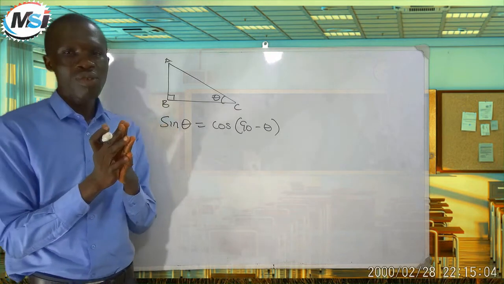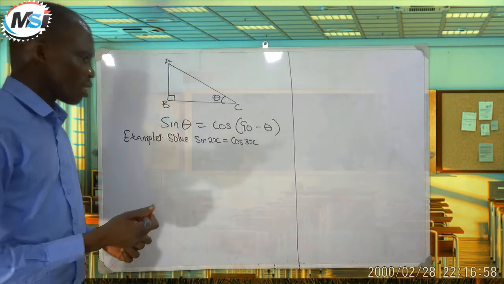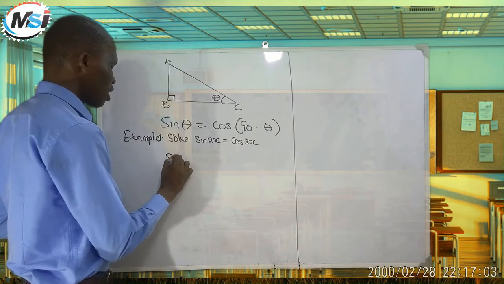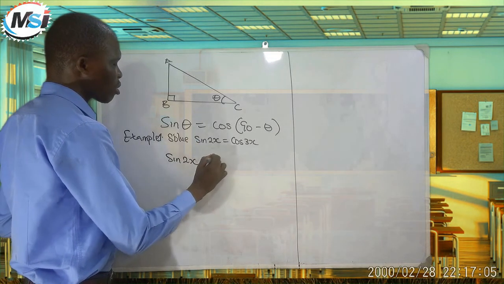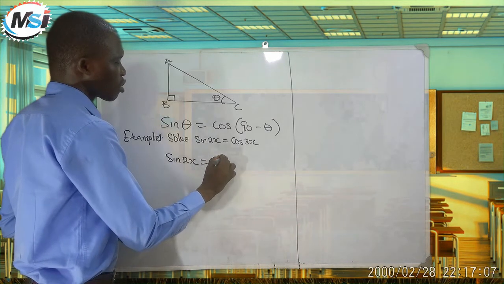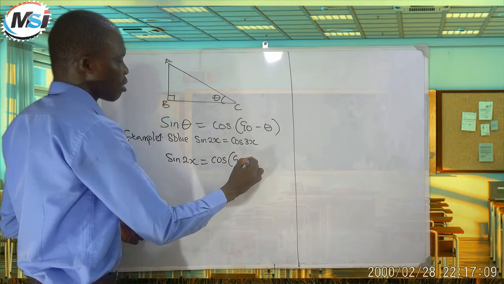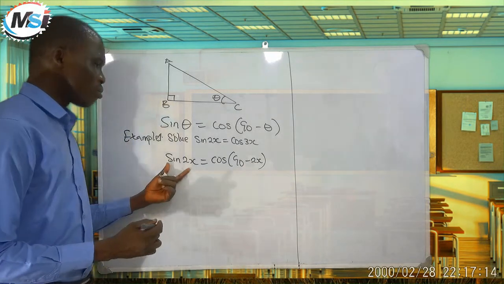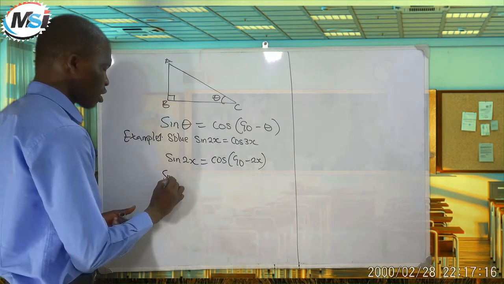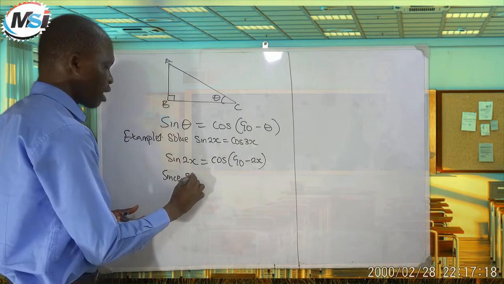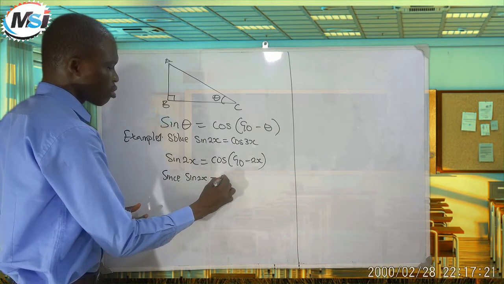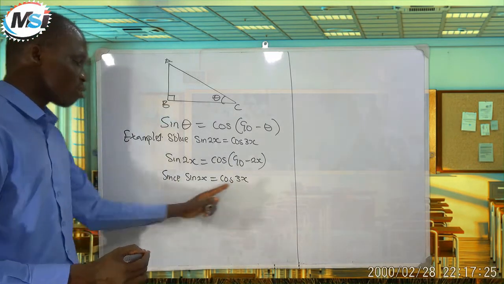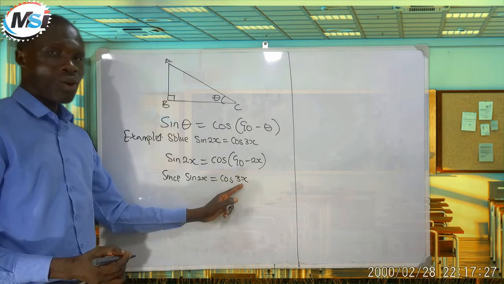Now I'm going to give you a question. Okay class, let's solve the question. The question will give us sine 2x equals cos bracket 90 minus 2x. So now you remember, since sine 2x equals cos 3x, you replace sine 2x with cos 3x.